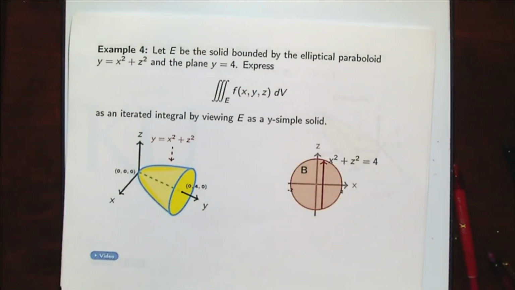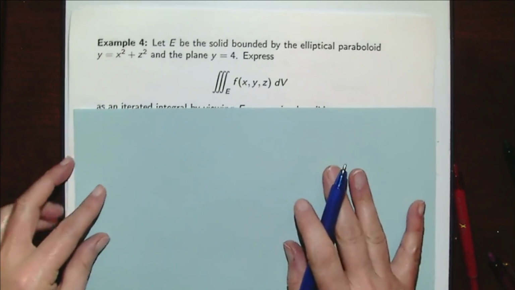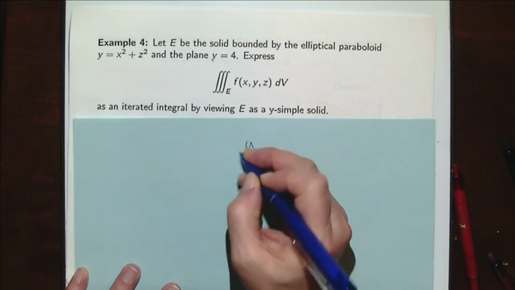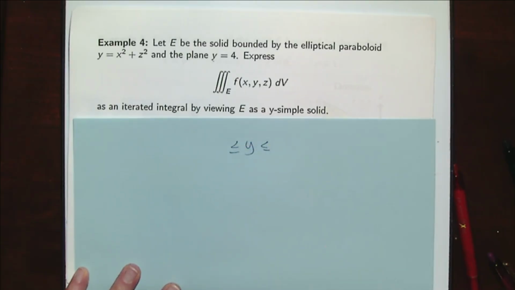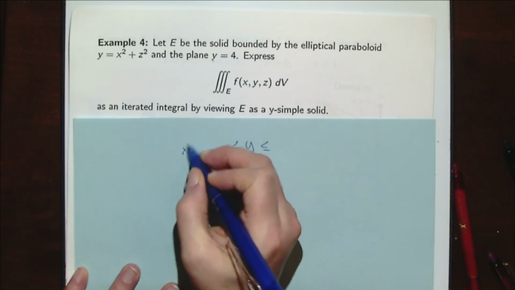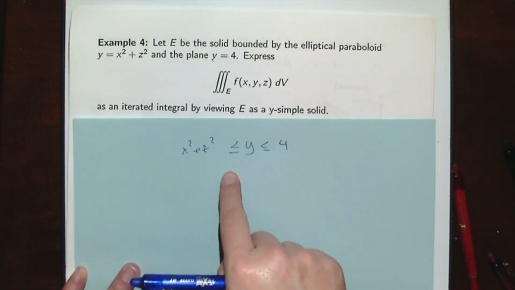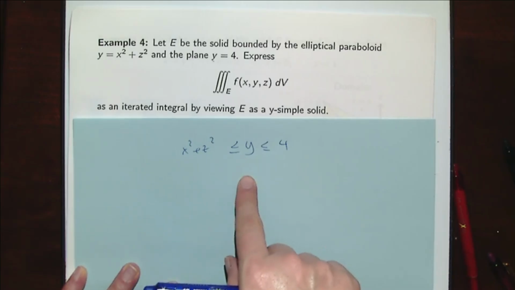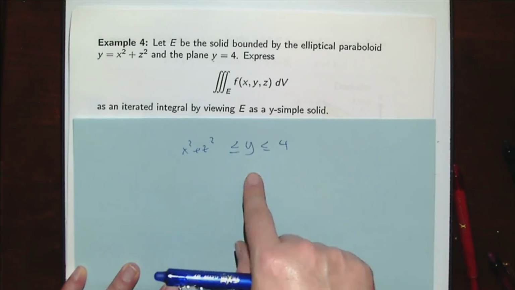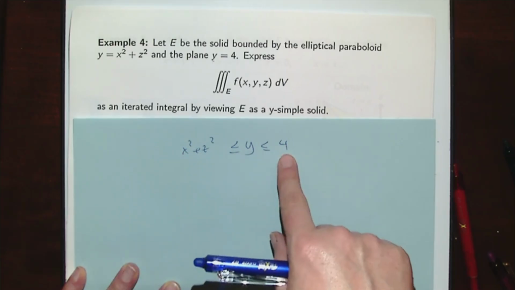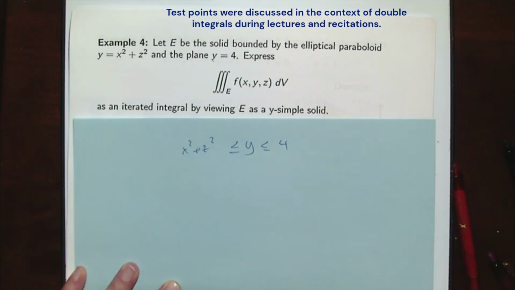Where are my pictures? There we go. Now, here is the Y simple. When I'm doing Y simple, I already know what y is between. Y is between what and what? Honestly, you either have to put test points in here or draw the picture, or else I don't know which is the lower and which is the upper. I will give you a picture on the exam.